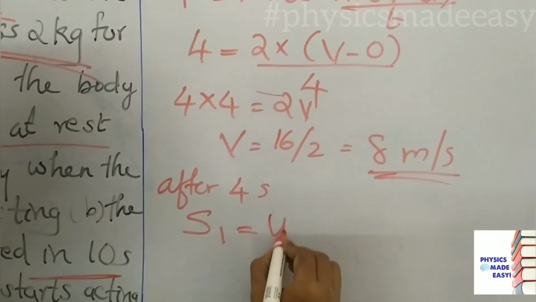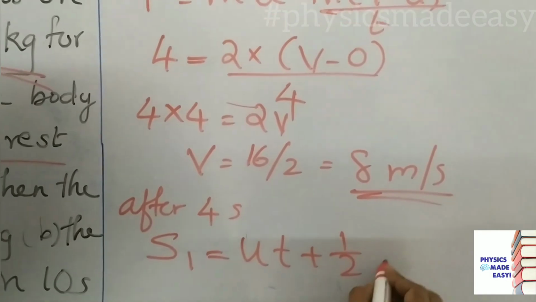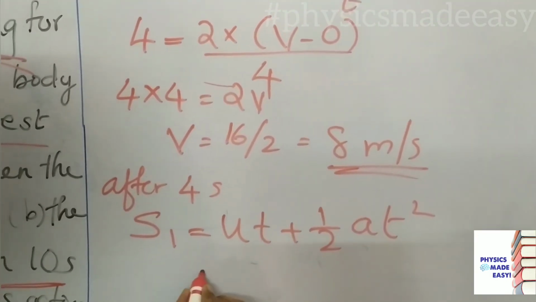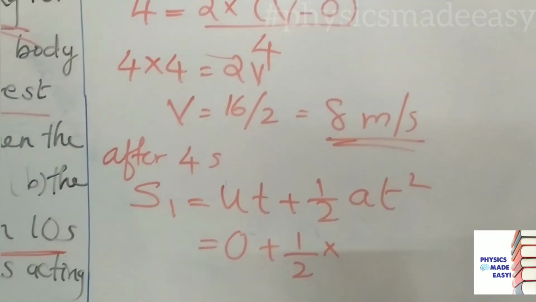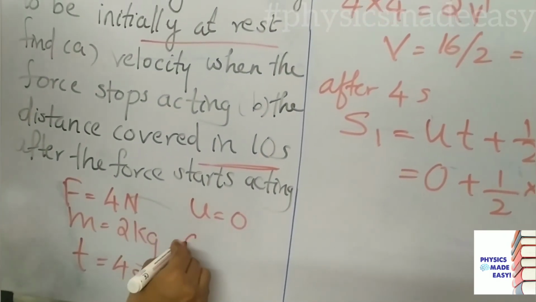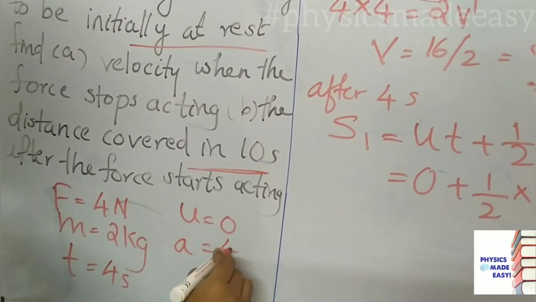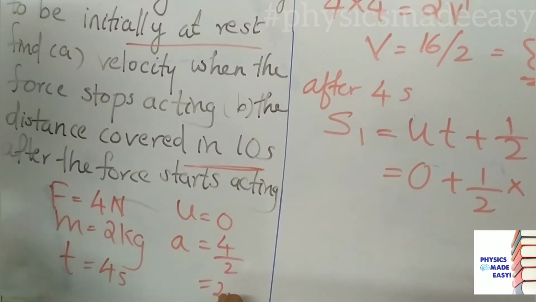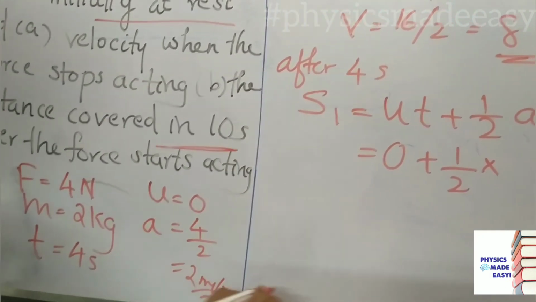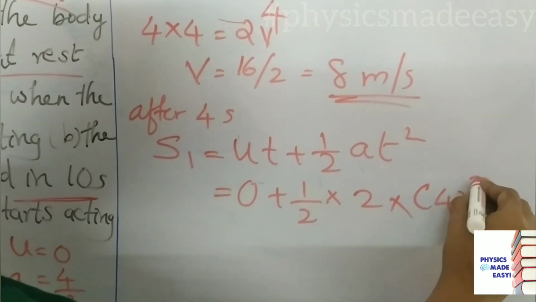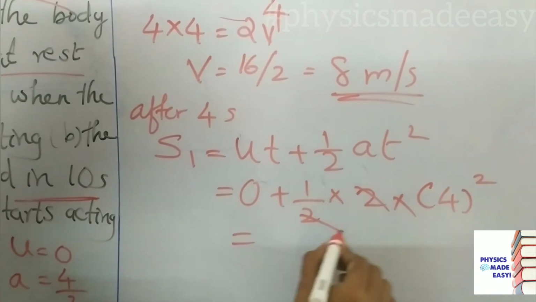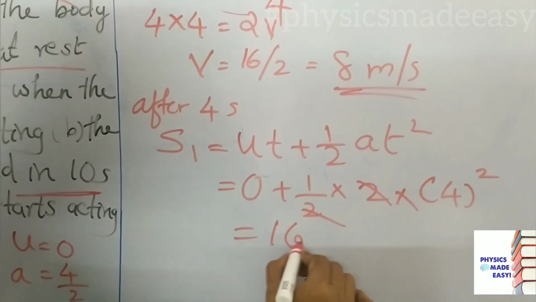How can we find? ut plus half a t square. So here 0 plus half into acceleration. Acceleration is F by m, 4 divided by 2, 2 meter per second square. So here 2 into the time 4, the whole square. So here we can cancel this. 4 into 4, 16 meter.